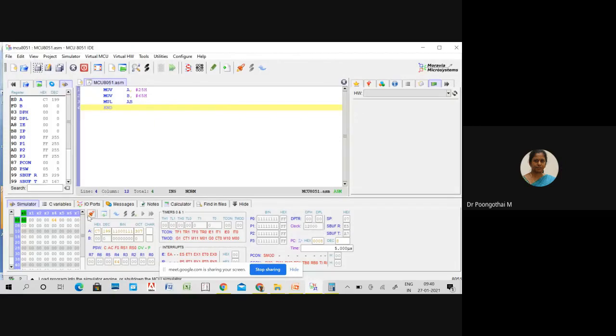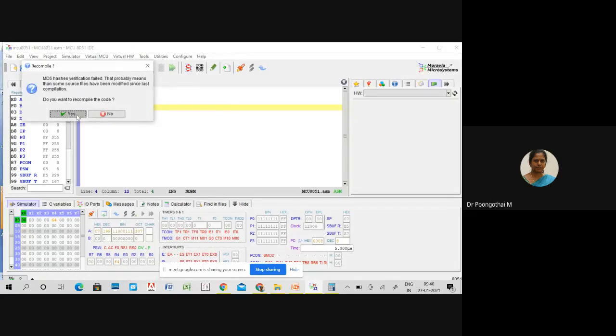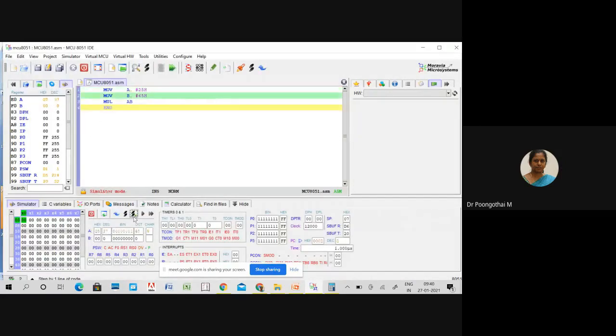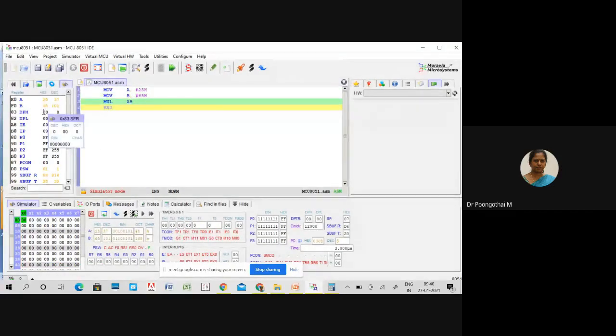So let's execute this code. A is loaded with 25. B is loaded with 65. After multiplication, your accumulator holds 99 and B register holds 0E. Please look here.